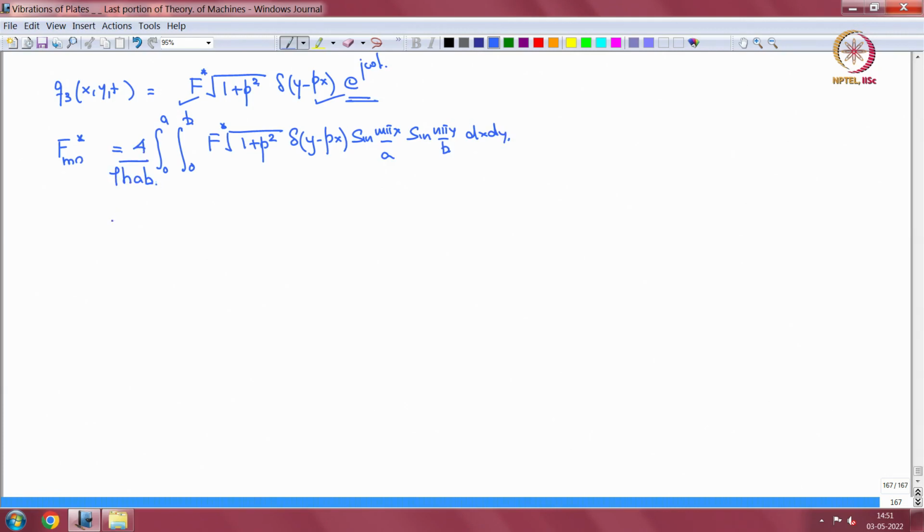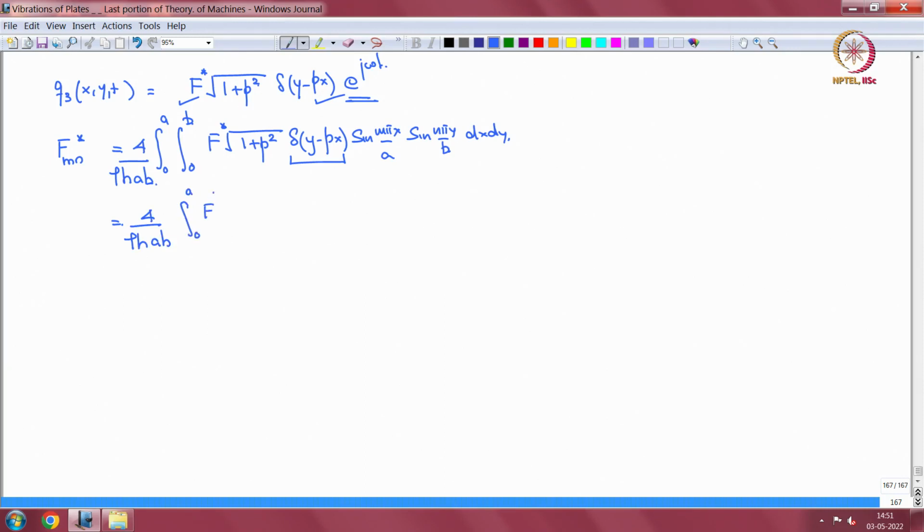Now what happens if I do the y integral first? So I get 4 by rho h a b, and we have to keep the x till the end.